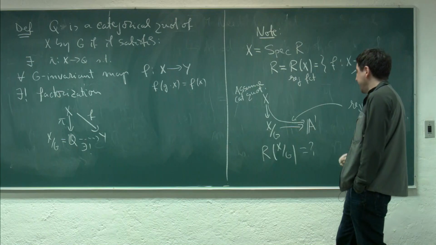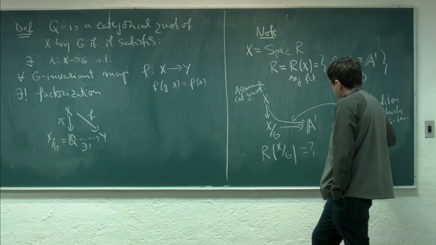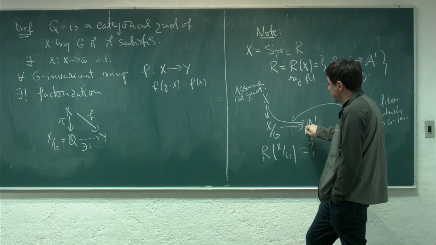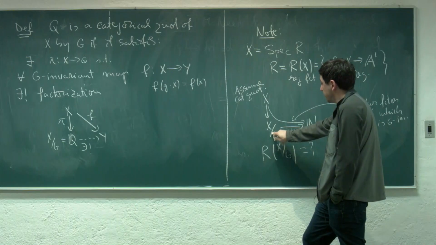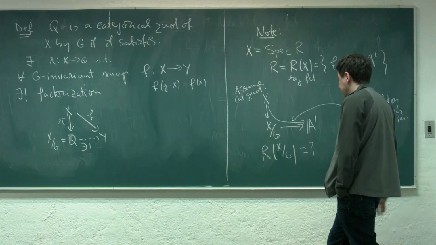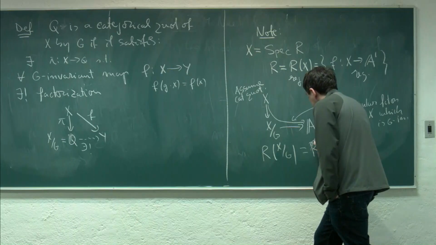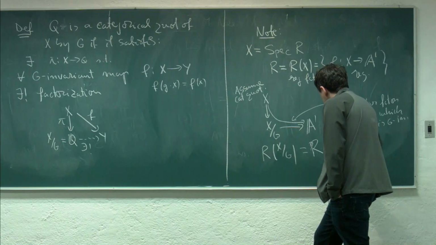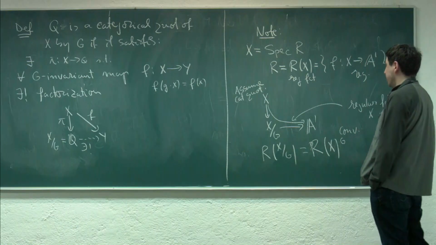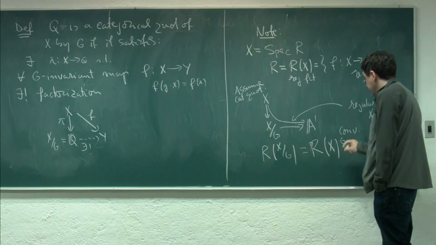And conversely, if I have a regular function which is G invariant, by the universal property, it will descend to a regular function there. So the regular functions here should be the regular functions on X which are G invariant.